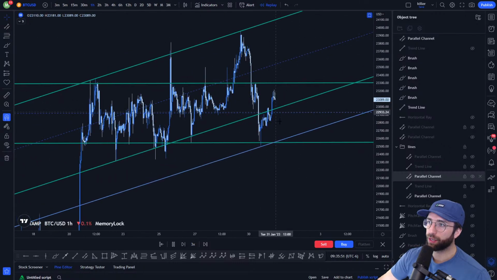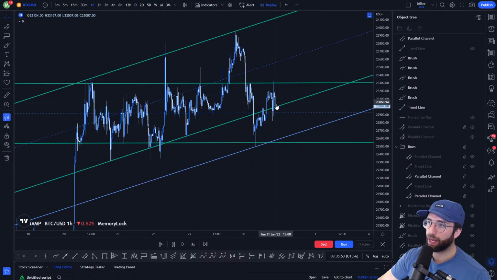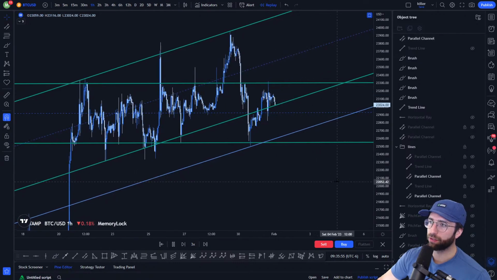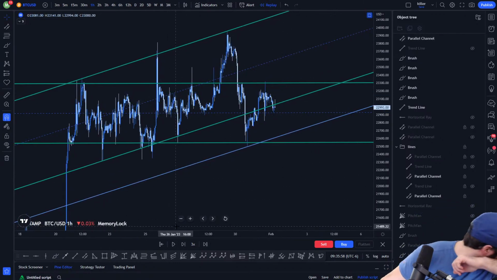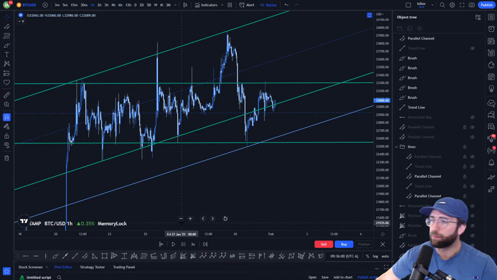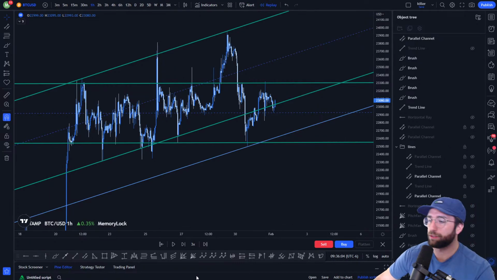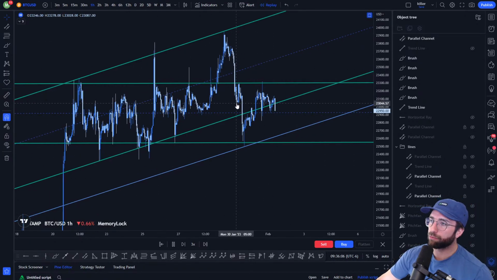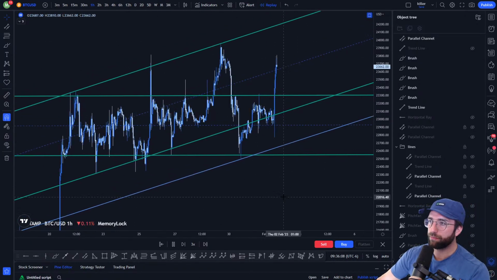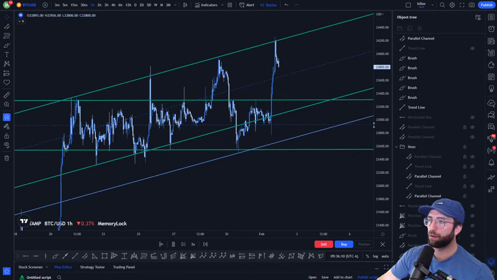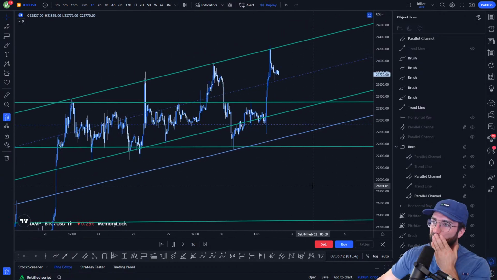Yep, massive rejection, right? And we broke down and it's kind of struggling to hold on to this. And it's struggling to hold on to this uptrend channel here. All right. Massive move to the upside again.